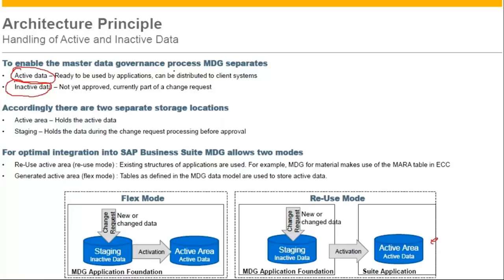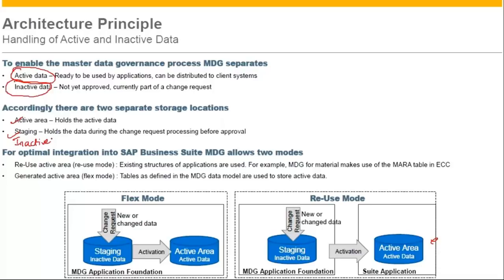Inactive data is not yet approved and is currently part of a change request. There are two separate storage locations to handle active and inactive data: the active area, which holds active data, and the staging area, or inactive area, which holds the data during the change request process before approval. So you have two sets of data and two sets of areas to handle those data types.